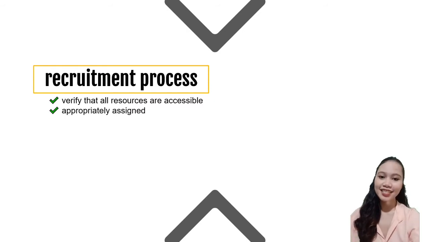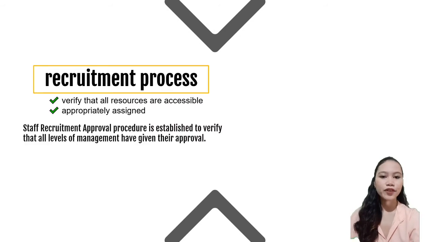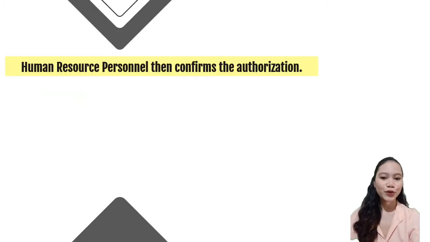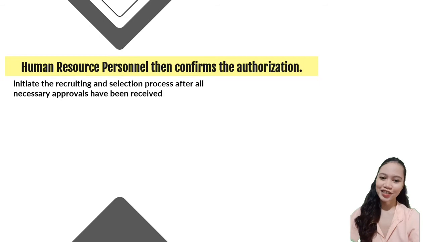To begin the staff recruitment, an approval procedure is established to verify that all levels of management have given their approval. Human resource personnel then confirm the authorization. HR can initiate the recruiting and selection process after all necessary approvals have been received.